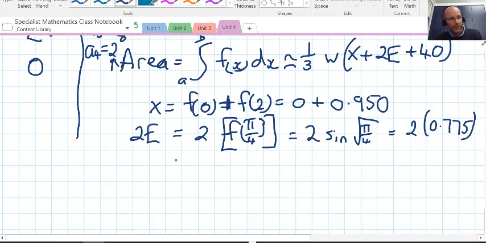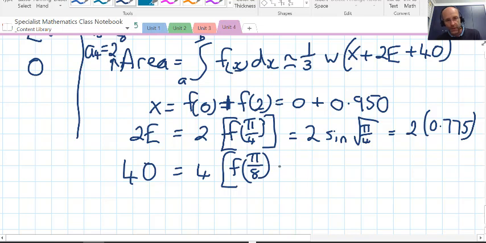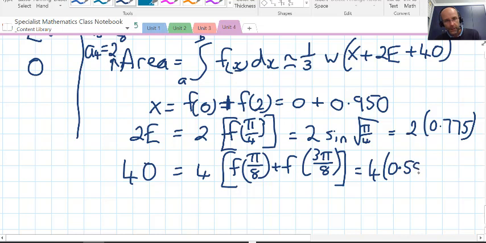Alright, and then 4 times the odds, 4 times f of the odd ordinate positions, and you can scroll back and see that again if you need to, where those numbers came from. And we have 4 times 0.586, that comes out as 0.884.